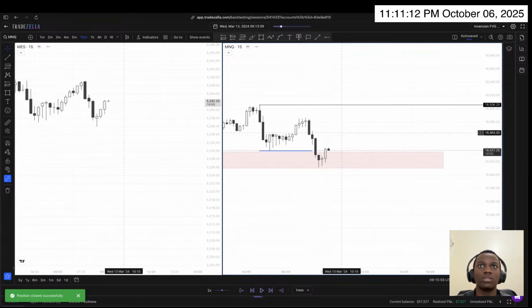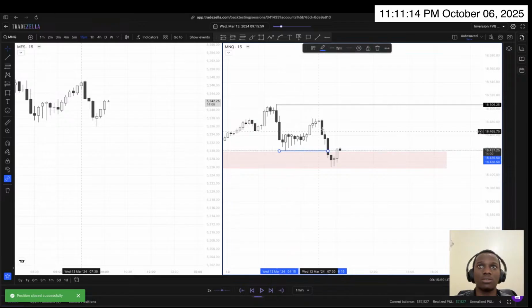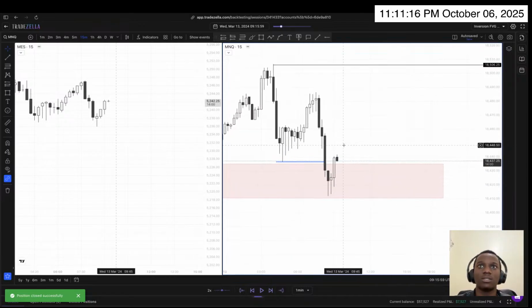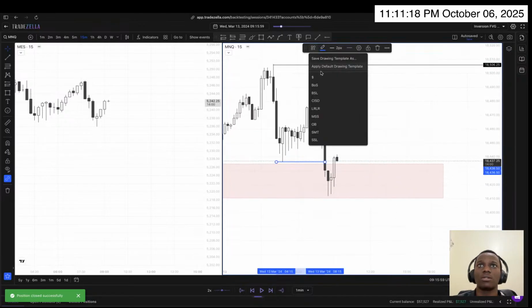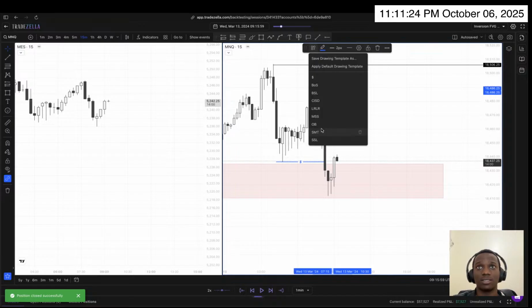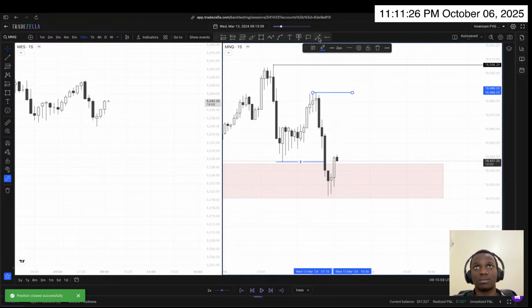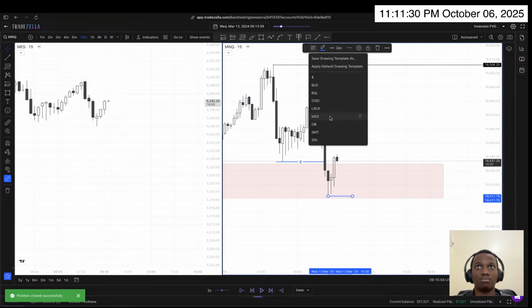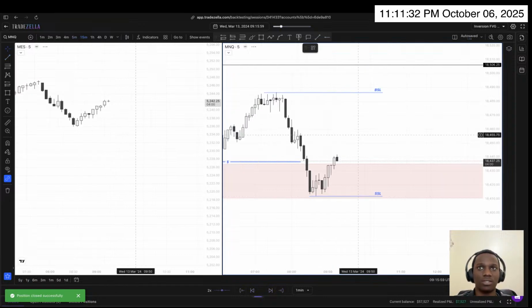I would like to see an internal sweep though as well. Actually, this is not like a sweep, it's a sweep. Some internal highs and this internal low is where I'd like to see a better move, if I can say so.